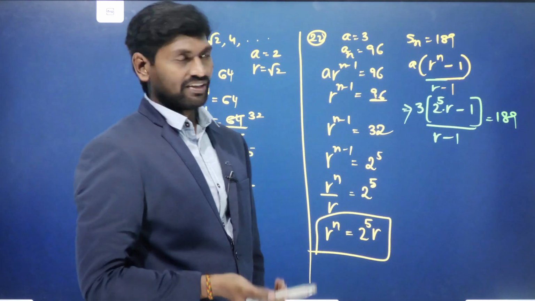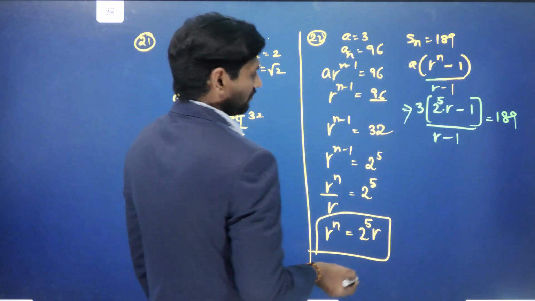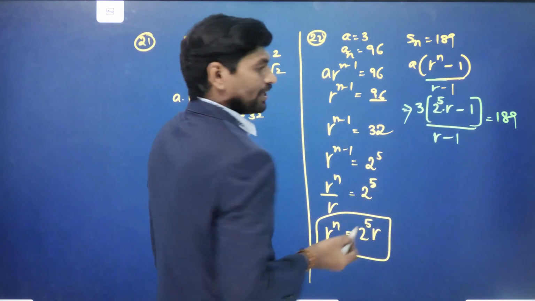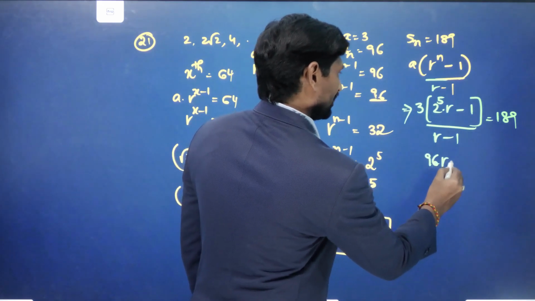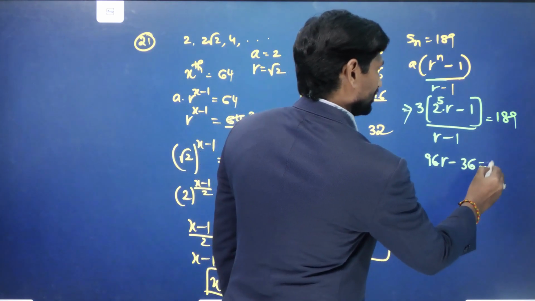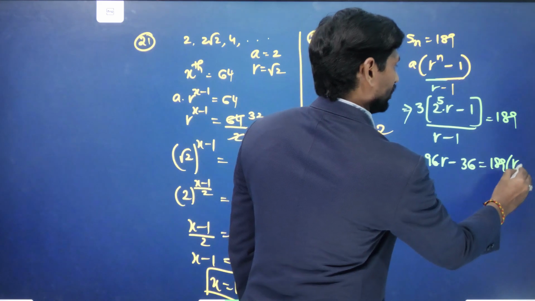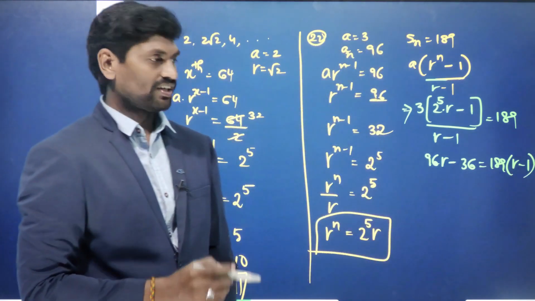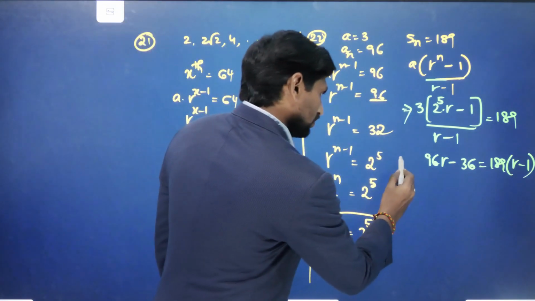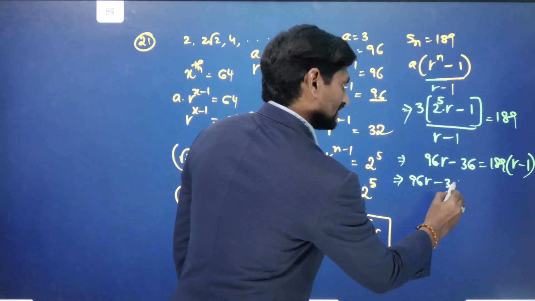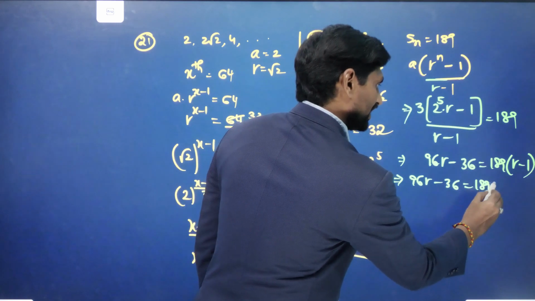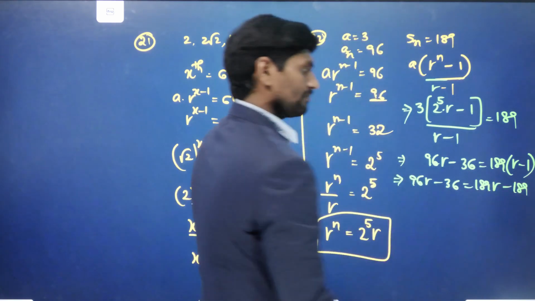Try to find the r value first. 2 power 5 means 32. 32 into 3 is 96 r minus 36 equals 189 into r minus 1. So 96 r minus 36 equals 189 r minus 189.